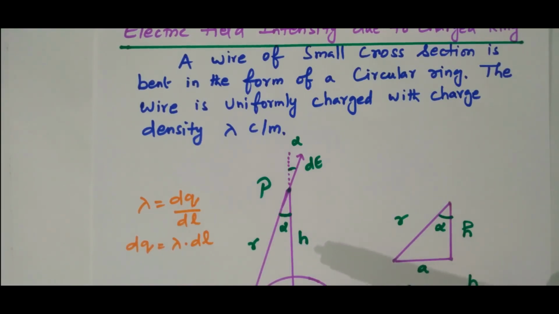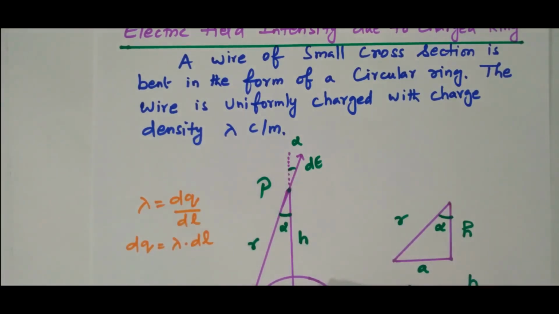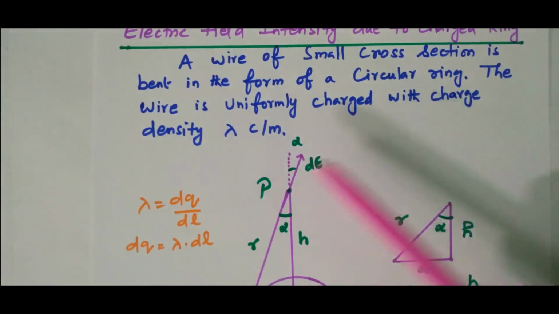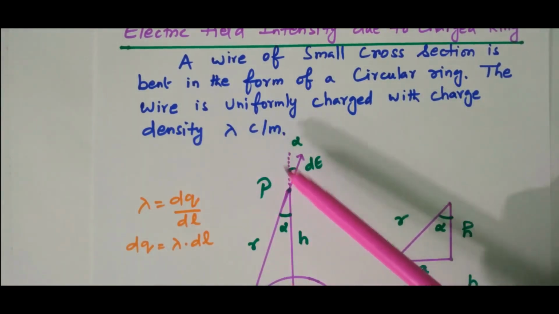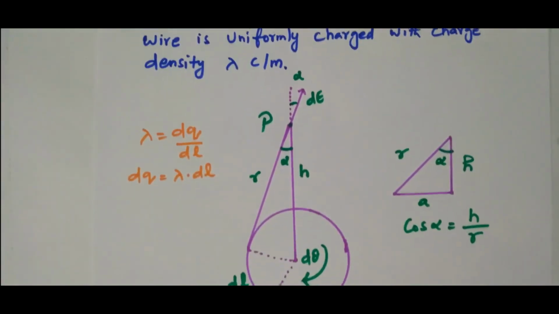The wire is uniformly charged with the charge density of lambda coulomb per meter. Here we are using the linear charge density, so we are using lambda. Now we'll refer to the diagram.